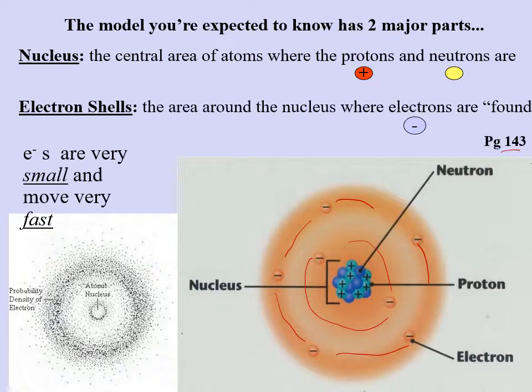And you can't even see the nucleus because it's so small, it's right in the center. But you can see these 2 kind of dotted layers, and that's these 2 shells. Again, the dots you're seeing are not electrons. The dots you're seeing are actually the probability of finding electrons in those areas, because again, they're small and they move very, very fast. So fast it's impossible to actually see them.